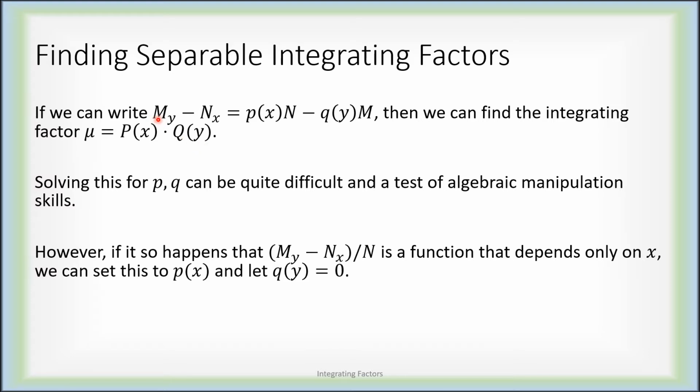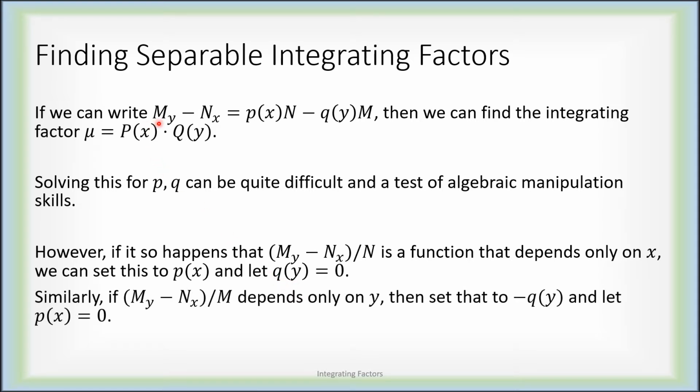Okay, so if I take this expression here and I divide by N, and on this side I get M_y minus N_x over N, and I assume that this only depends on x, well then q of y must have been 0, because on this side there's no more dependence on y. So we can set whatever this ratio is to be p of x and let q of y be 0. Similarly, if I were to divide out by M and get something that only depended on y, I could take that to be minus q of y and set p of x to be 0.